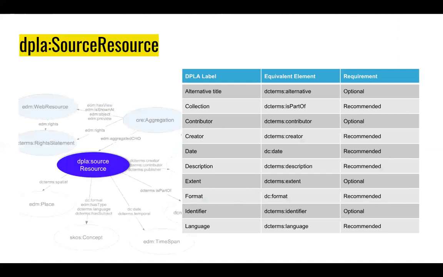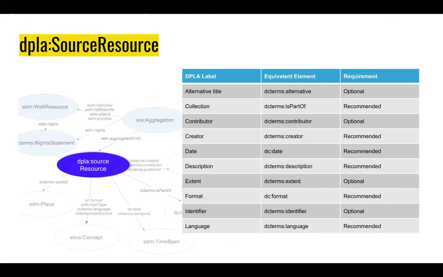The majority of the descriptive metadata goes in the source resource portion of the record. So for your purposes, all you need to do is share with us a metadata record that has these properties, and we'll handle mapping it into a DPLA record that conforms to our structure. As you can see, the source resource is pretty basic, mostly qualified Dublin Core terms.